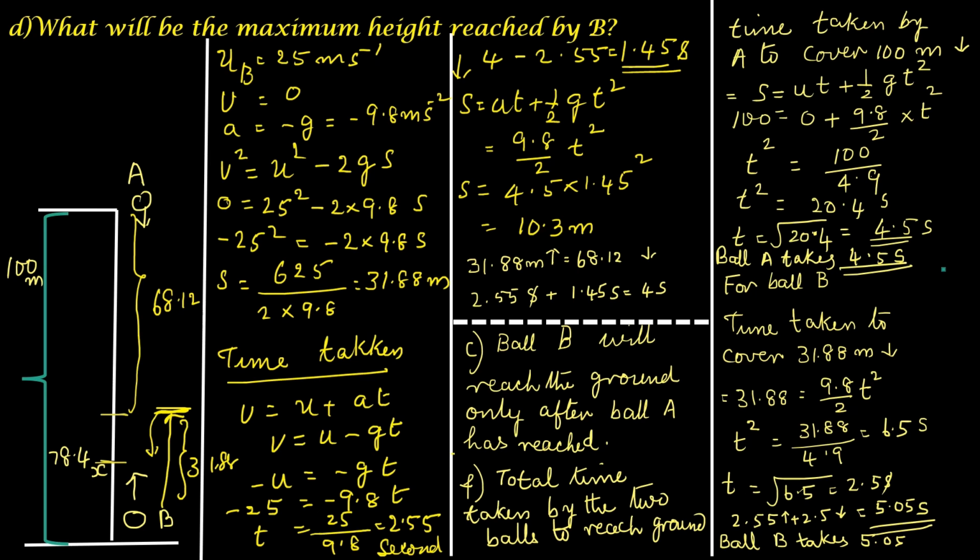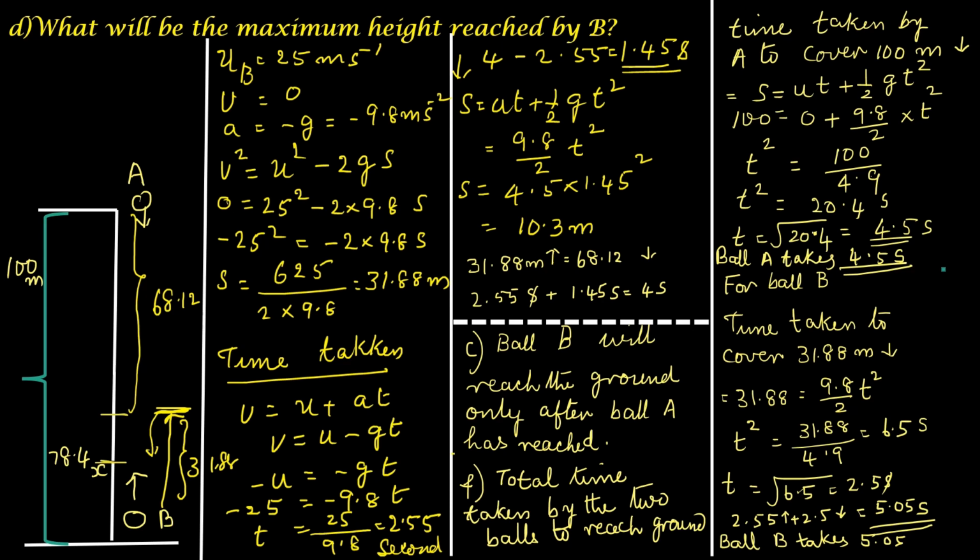In the case of ball B, it is experiencing free fall only after reaching a height of 31.88 meter up from the ground, or 68.12 meter down from the top of the tower. It takes only 1.45 seconds to reach 78.4 meter, and the ratio in which it covers the distance will be only 1 is to 3.